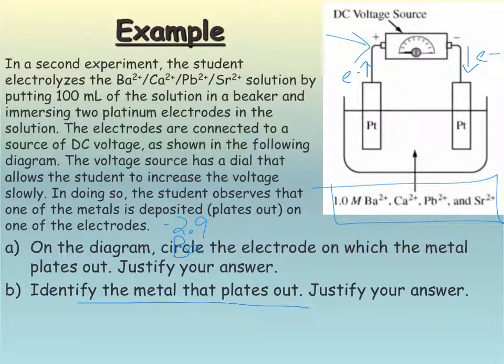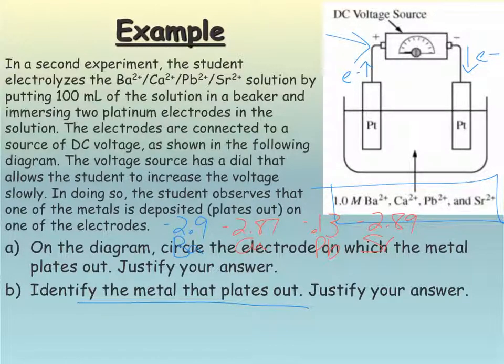My copper is negative 2.87, so that's my copper. And then my lead is negative 0.13. And then my strontium, oops, I wrote it in the wrong spot. My strontium is going to be negative 0.289.